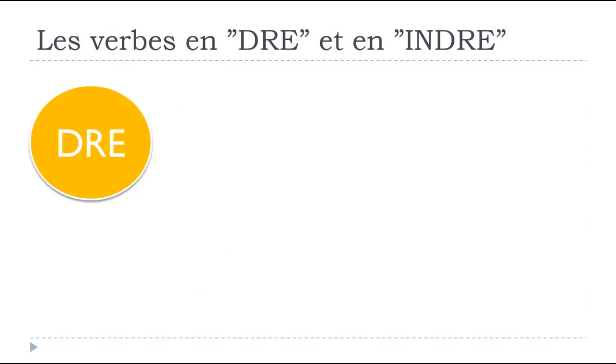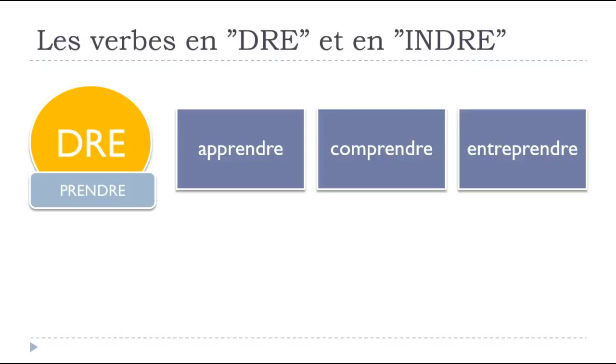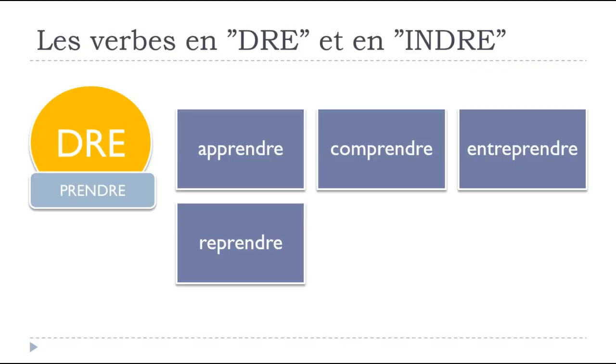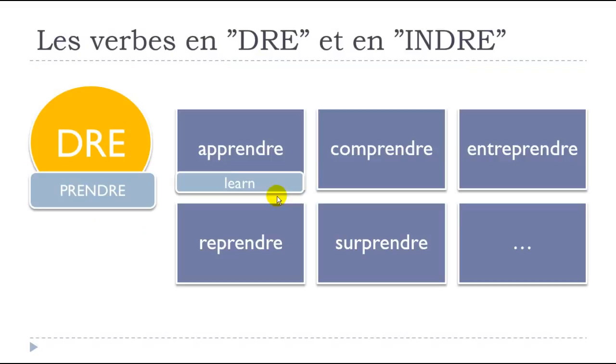And when we speak about prendre, we've also got the verbs apprendre, comprendre, entreprendre, reprendre, surprendre, and a few others. These verbs will be conjugated as prendre. Let's see what they mean.